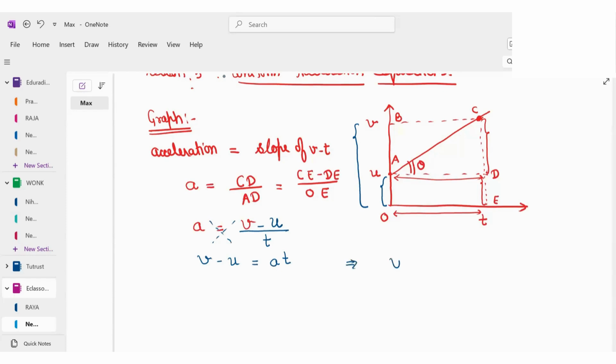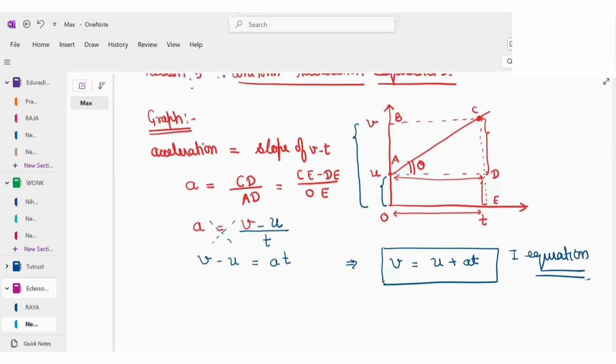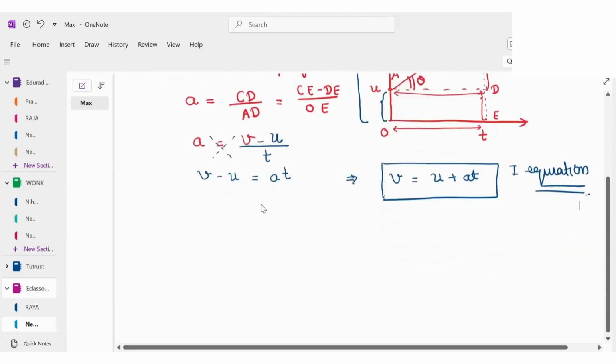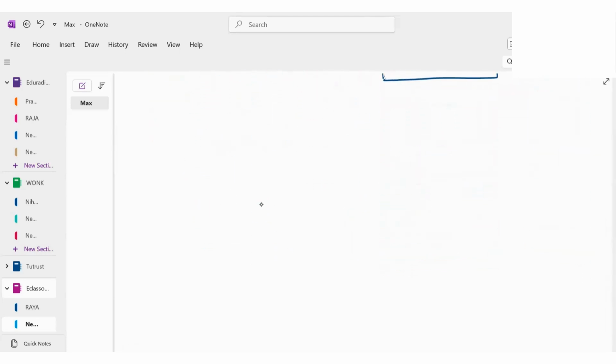And can we write it as V is equal to U plus AT? This is the first equation of motion. This is called the first equation. Got it? Correct? Okay. Now move on to the second equation.